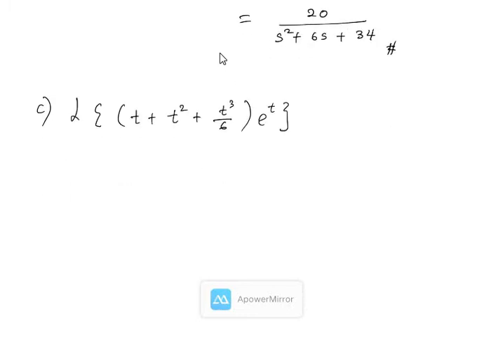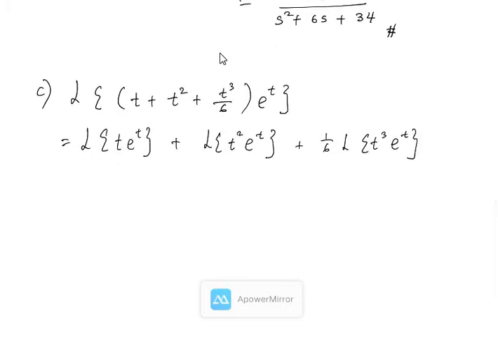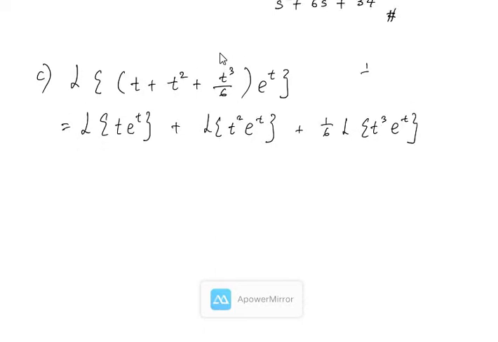So we can separate it into the Laplace transform of t exponent t, and then the Laplace transform of t squared exponent t, plus 1 over 6 the Laplace transform of t power 3 exponent t. Also, from the Laplace transform table, t power of n is equal to n factorial divided by s power of n plus 1.